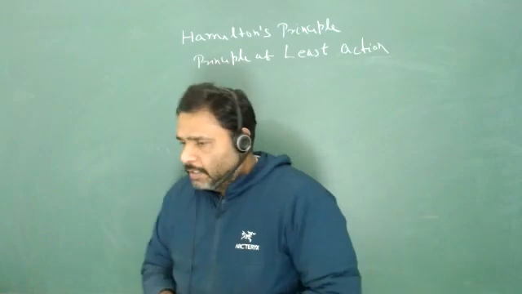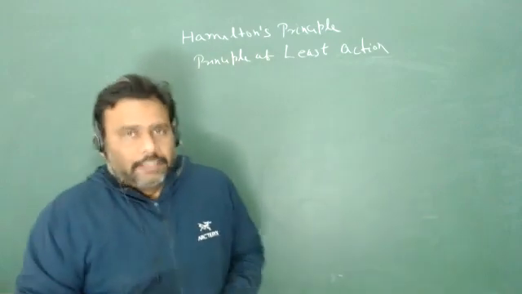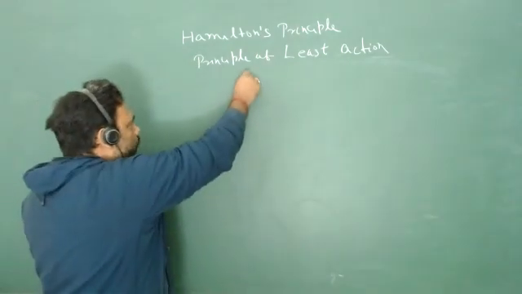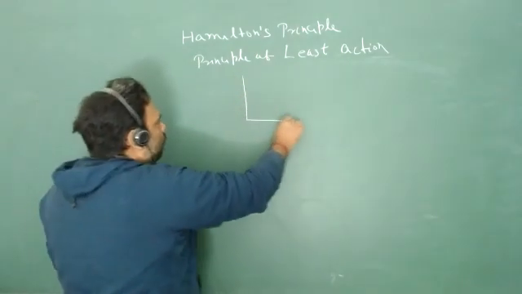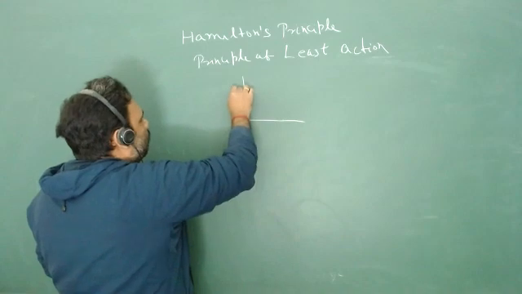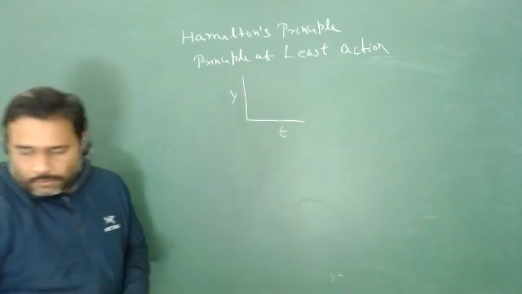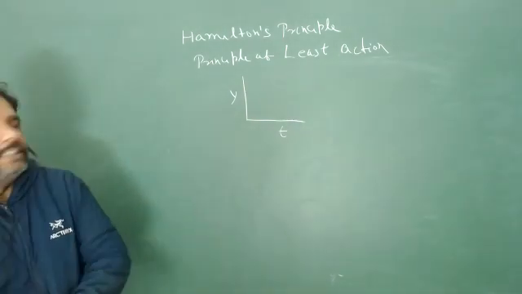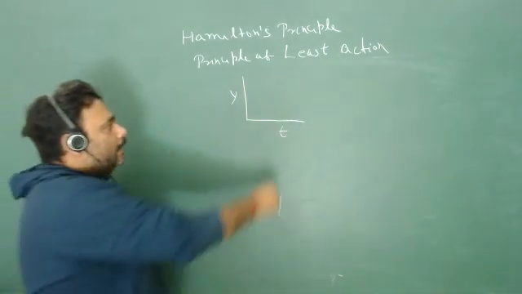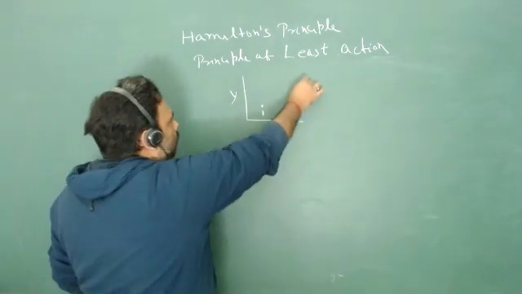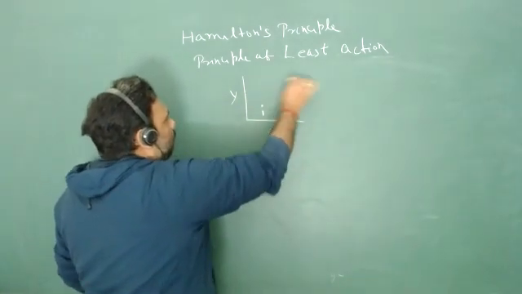Now, what is the real question? The real question is very philosophical. Suppose we are talking about some y versus t. Here is my initial position, and here is my final position.